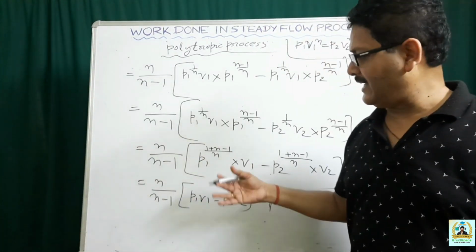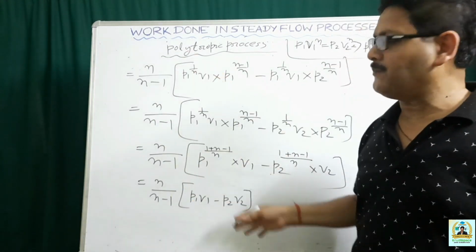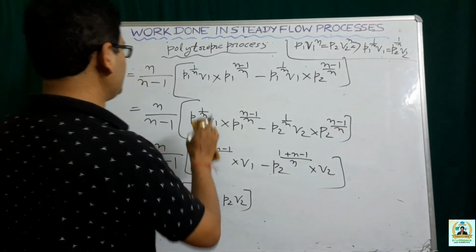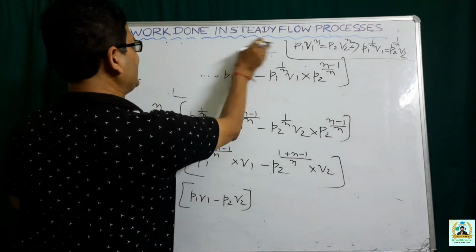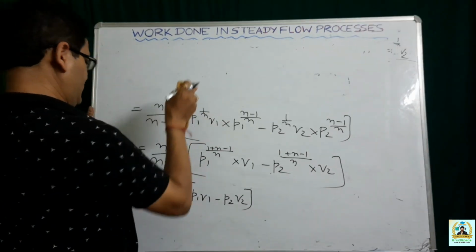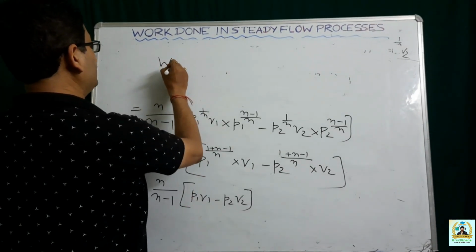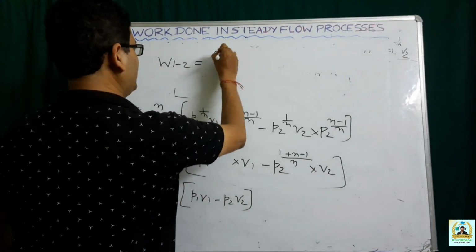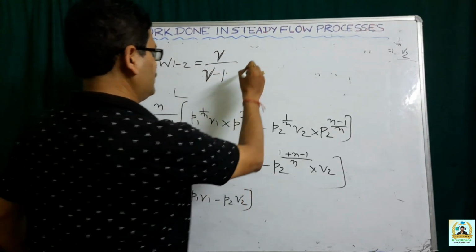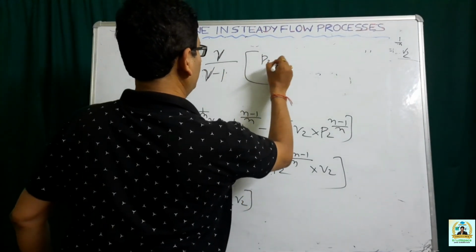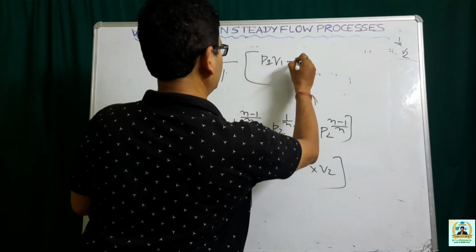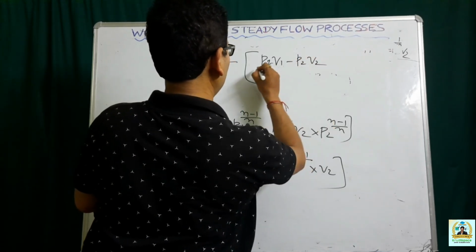If it becomes an adiabatic process, then you have to follow the same principle. Only thing is that n is to be substituted by gamma. So if it is a reversible adiabatic process or isentropic process, then work done is equal to gamma by gamma minus 1 into P1 V1 minus P2 V2.